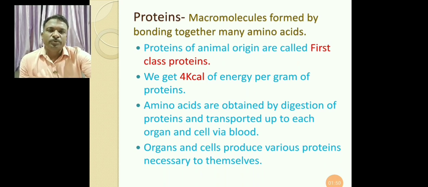So we consume proteins, then the proteins are digested and converted into amino acids, and after that these amino acids are formed again into proteins which are necessary to our body. Different organs or cells produce different types of proteins. So let us see which organs can manipulate these amino acids into the required proteins.